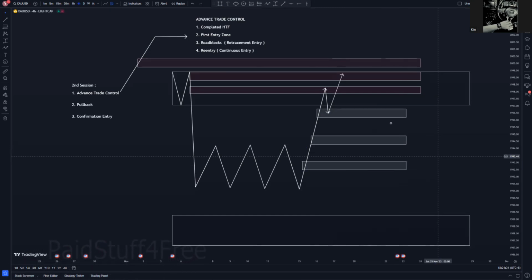So when the price gets into the sell zone again, right over here, what do we need to do? Yes, focus on the current market price. Can we take the trades? Yes, we can, but we need to know why we take this trade.